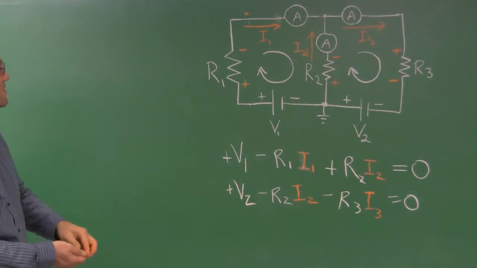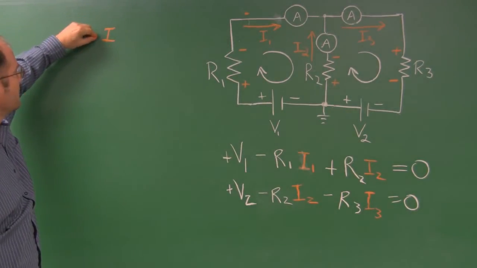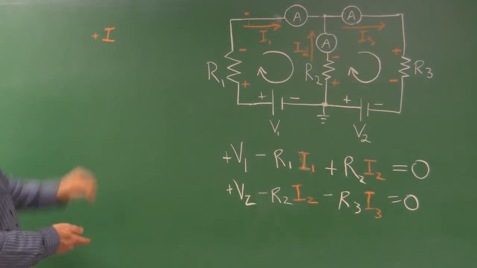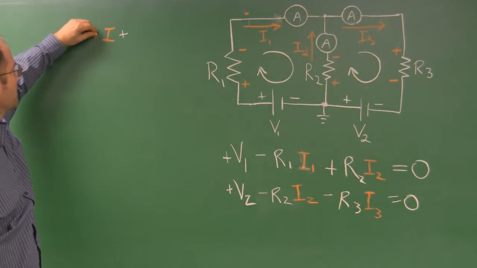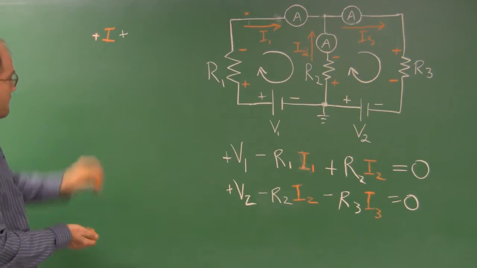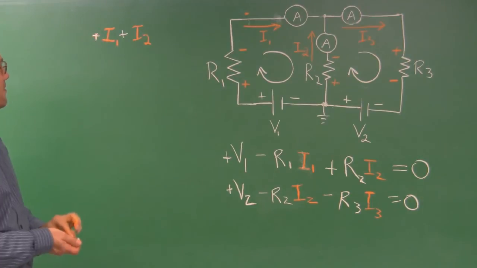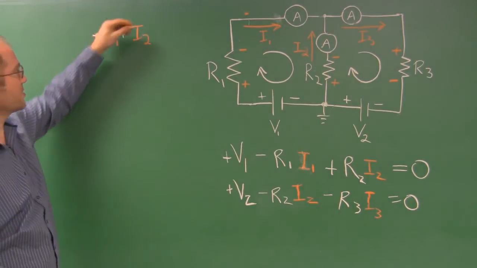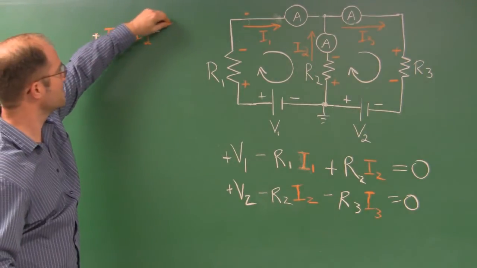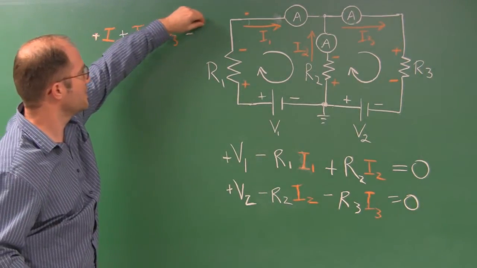And this says that I1 is positive because it's entering the junction, plus I2 because it's also entering the junction, minus I3 because it's leaving the junction, is equal to 0.